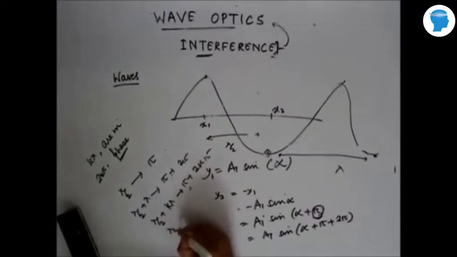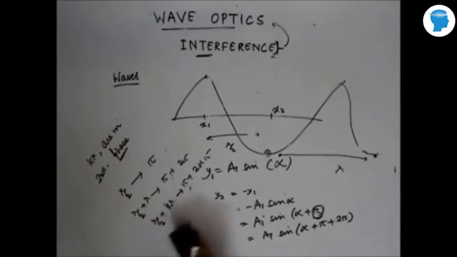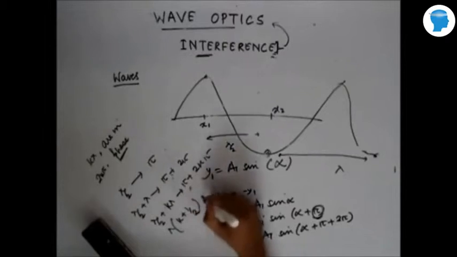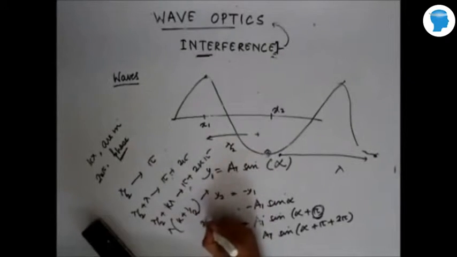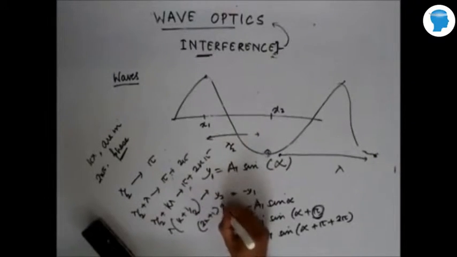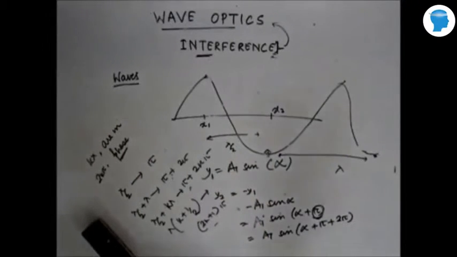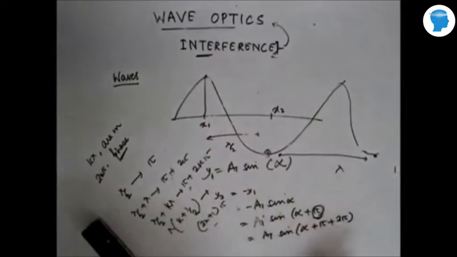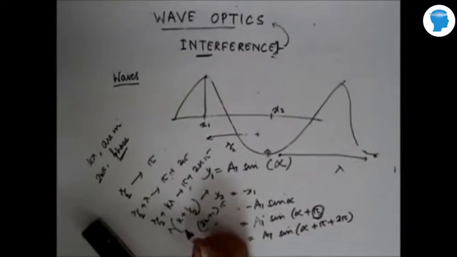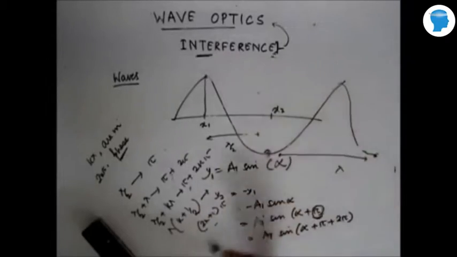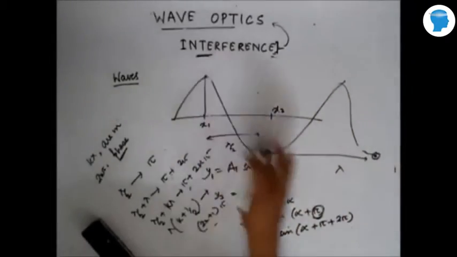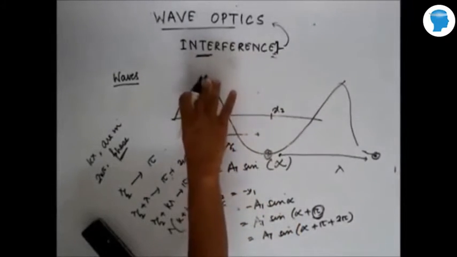So if I take lambda common, here I get (2k plus 1) pi. So you see that for any position x, if I take points at a distance of lambda (k plus half) units away, then I get points which are completely out of phase with these points.